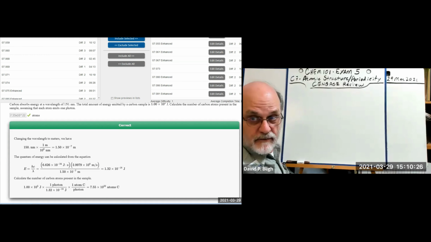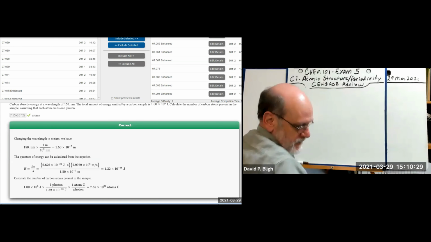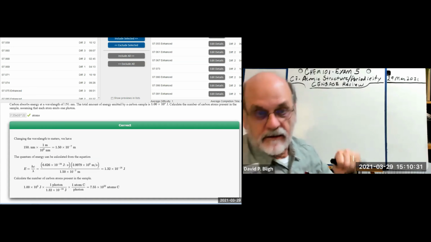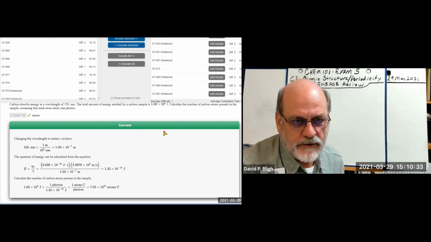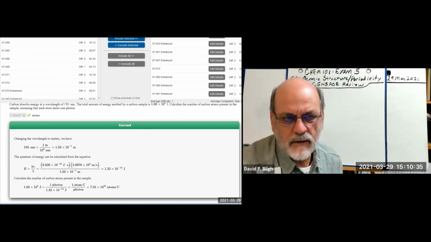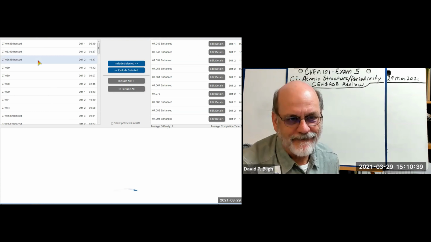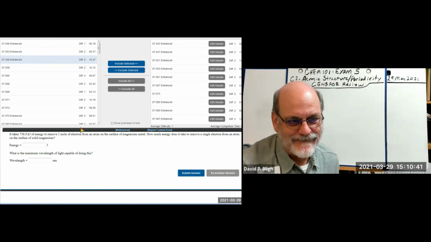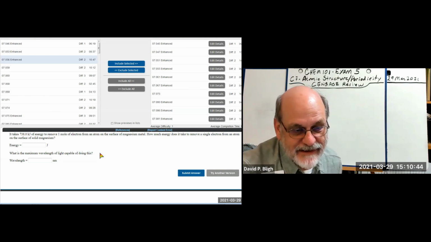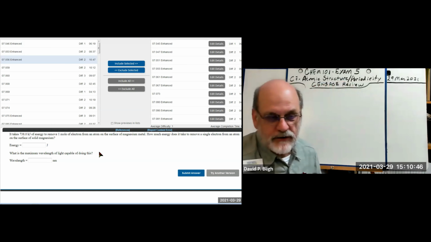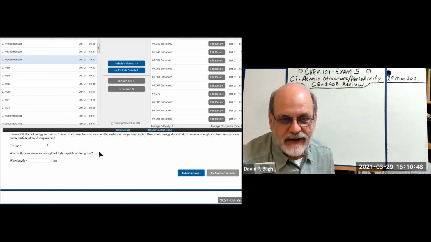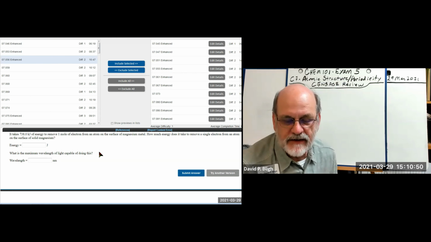All right, let's see. Scooch this back over. All right, we still got time. Let's see. That was a number 2. Let's see what this one looks like. It takes 738 kilojoules of energy to remove 1 mole of electrons from an atom on the surface of magnesium metal.